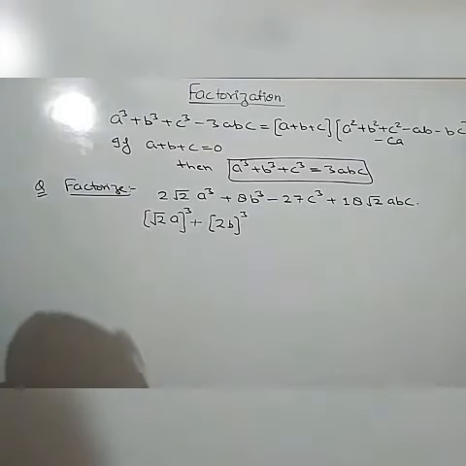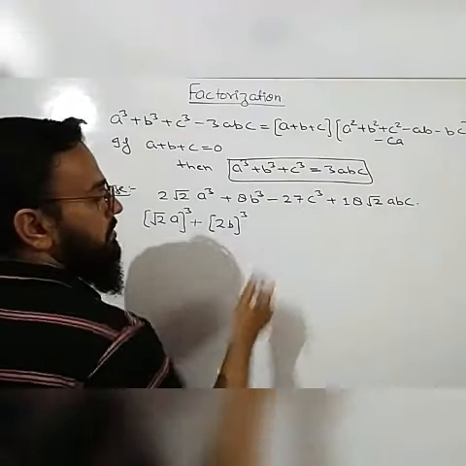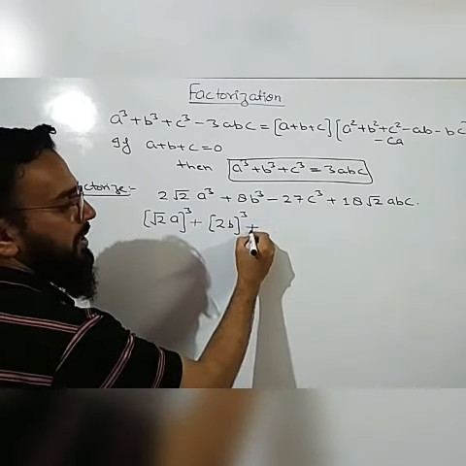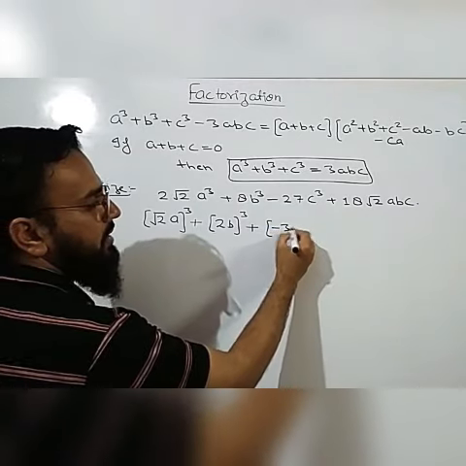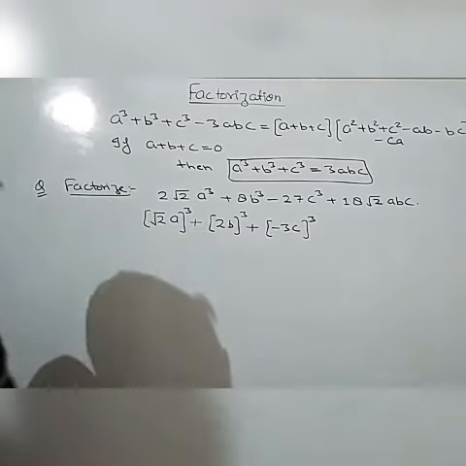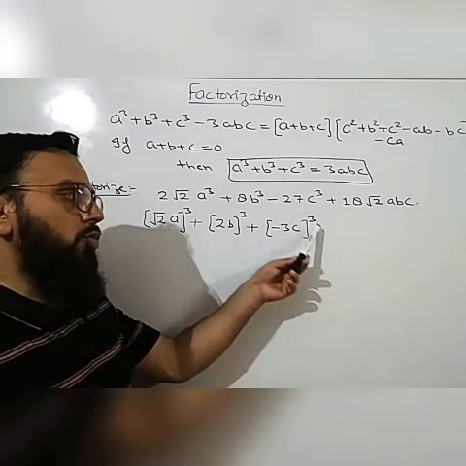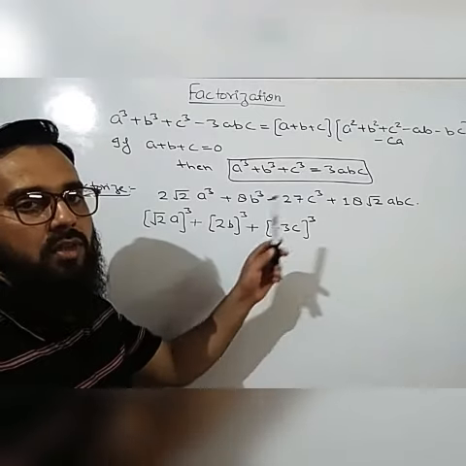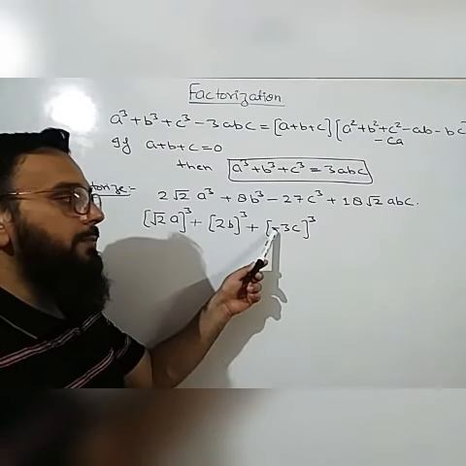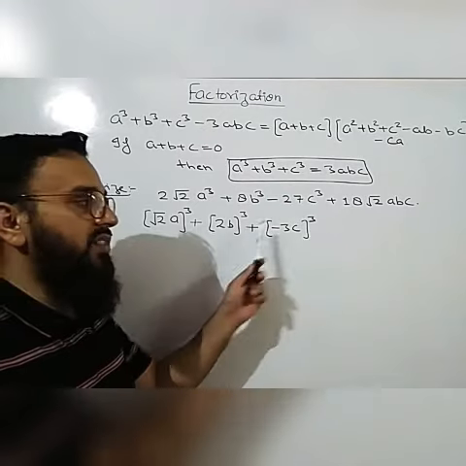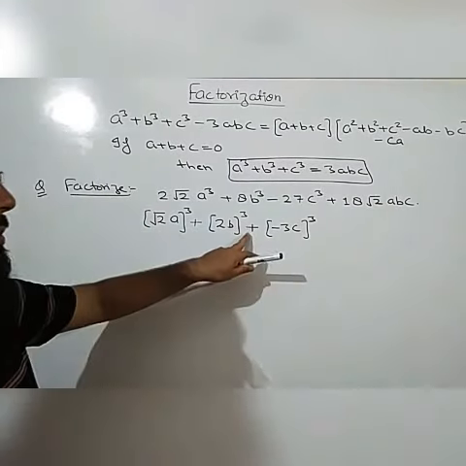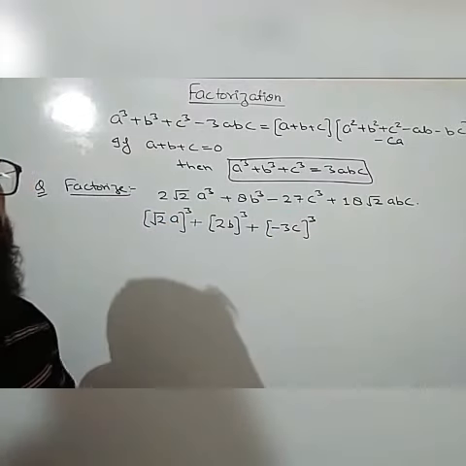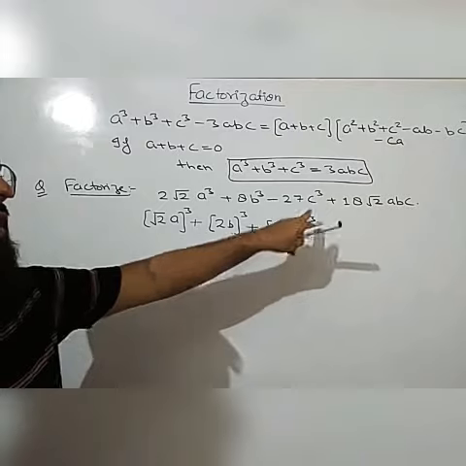Similarly, for 27c cube, we take a plus sign and in the bracket we write (minus 3c) whole cube, because we know the cube of a negative number is always negative. So minus sign to the power 3 will always be negative. We have written plus here and in the bracket we have taken minus 3c whole cube, and 3 cube will be 27 with minus sign, and c cube.